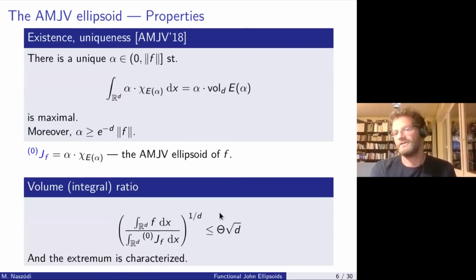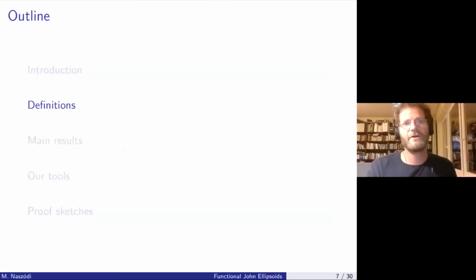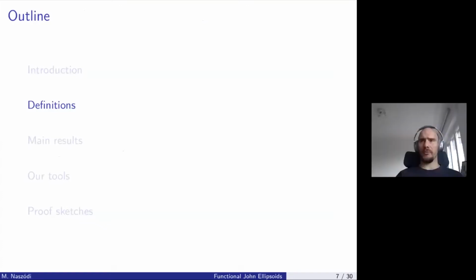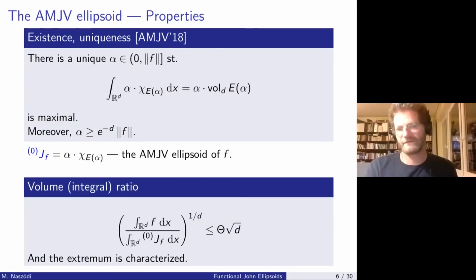So we know the order of magnitude, and they even characterized the extremum case, both in the symmetric case, so when f is an even function, and also when f is not an even function. Just like in convex geometry, you consider symmetric convex sets and general convex sets. Is the ratio essentially the same as for the classical case?